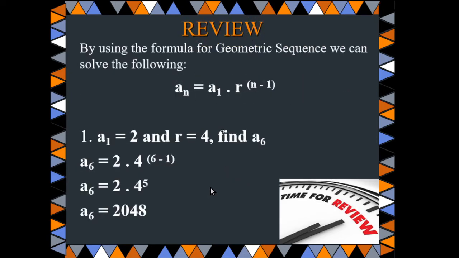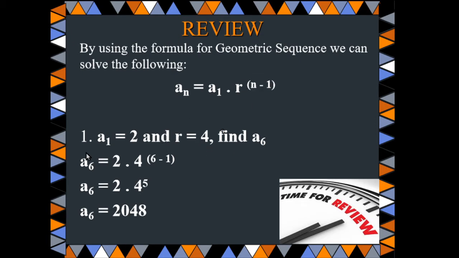So let's proceed. We can solve for the unknown term, a sub 6, in the first example by using the formula for a geometric sequence. We have a sub 1 as 2 and r is equal to 4, and we need to find a sub 6.